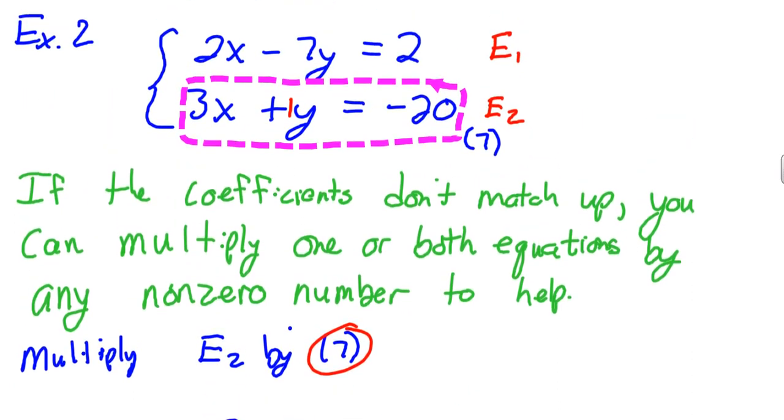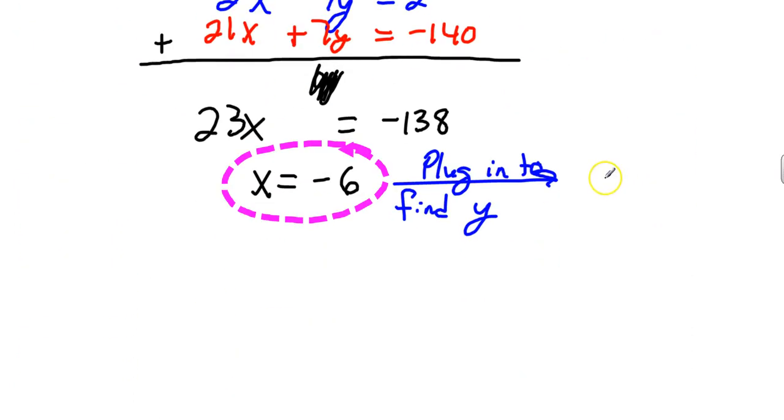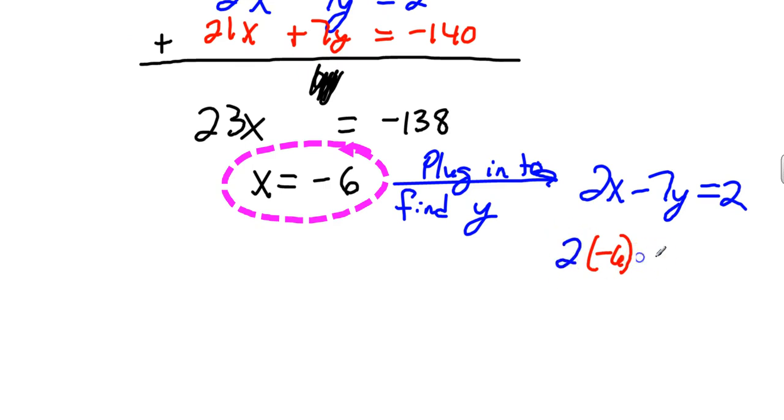Top one, so 2x minus 7y equals 2. Okay, so we're going to plug in negative 6 for x, and then just work it out. So it's negative 12 minus 7y equals 2.